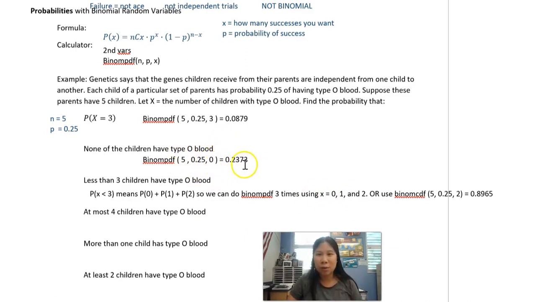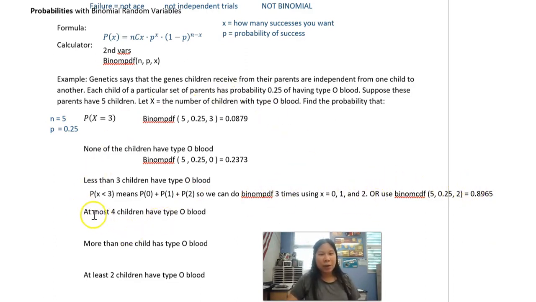Take all those 3 probabilities and add them together. It'll get you the same answer. Or use our shortcut, Binomial CDF, where N equals 5, P equals 0.25, X equals 2, because that's the highest number of what we're adding together. And then it just adds it for us to get that 0.8965 when we round to 4 decimal places. Okay, sounds kind of nice.